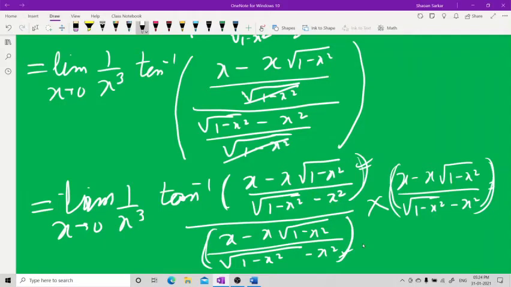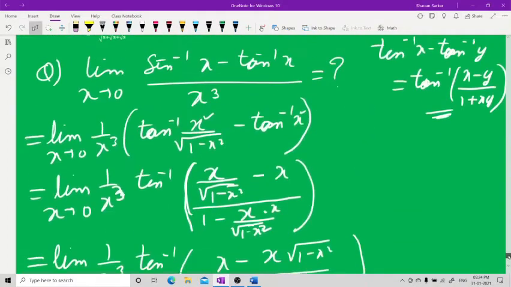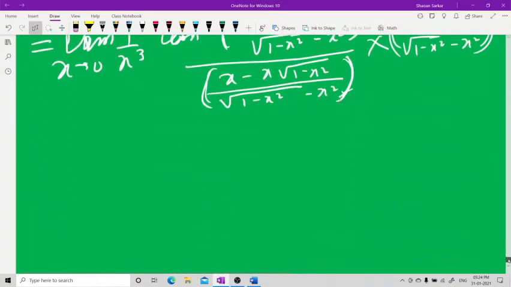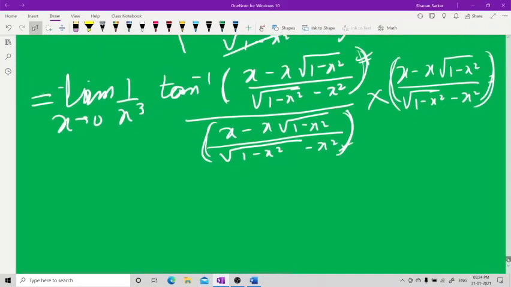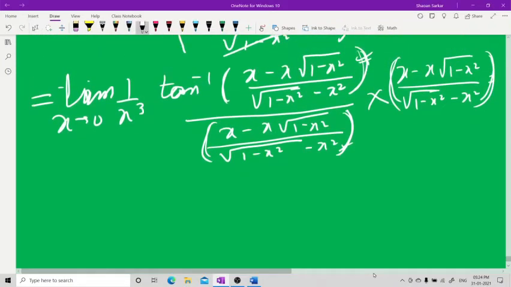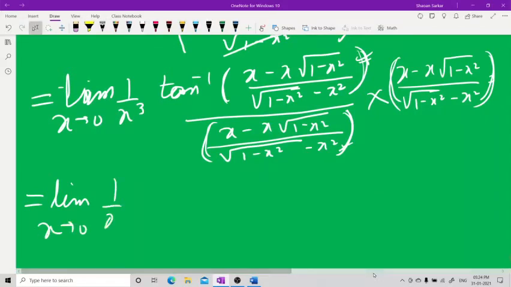This will behave like total x, and limit x tending to 0 will make this whole quantity equal to 1. So let's write it down. See the trick. So now this will be limit x tending to 0, 1 upon x cube, and into this, the limit will be 1.